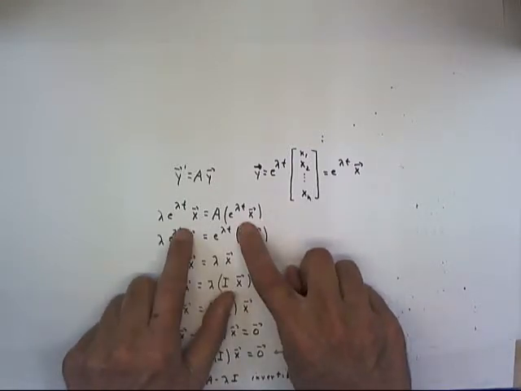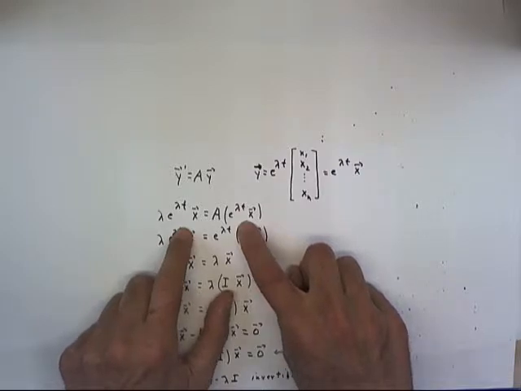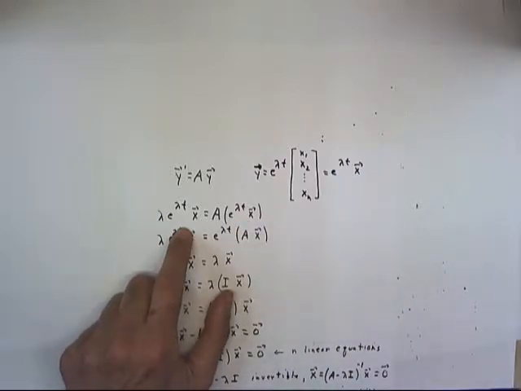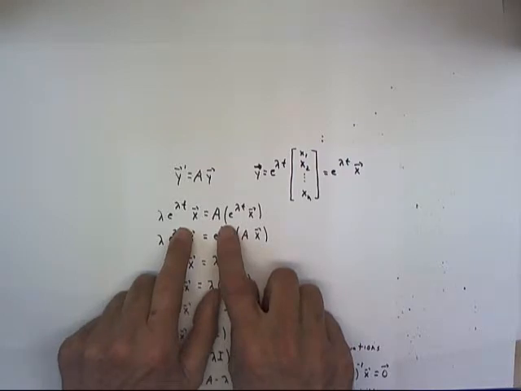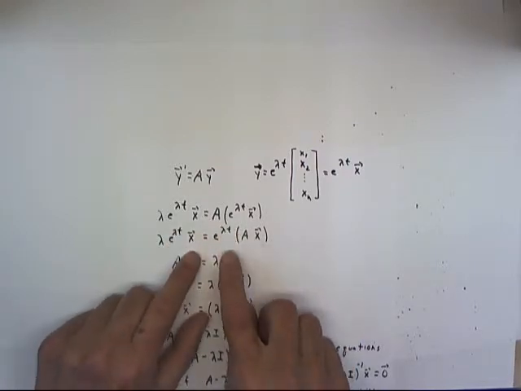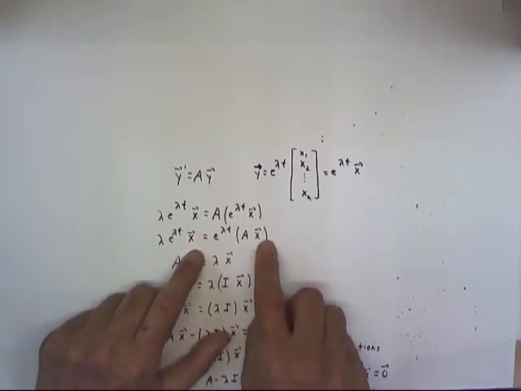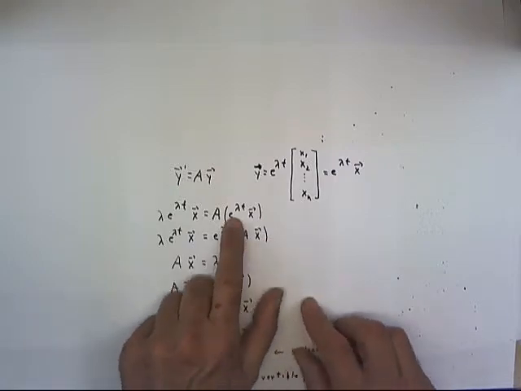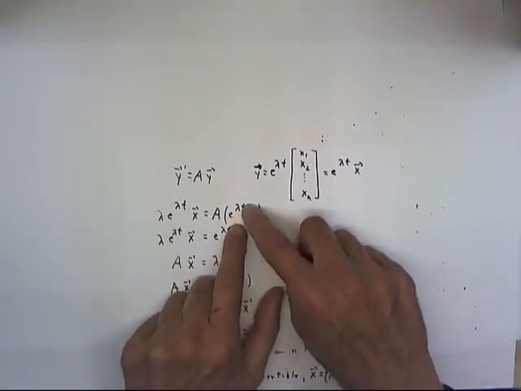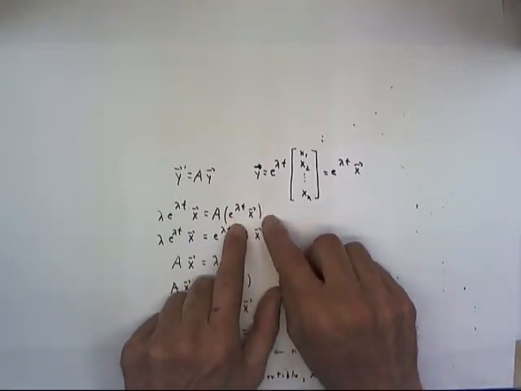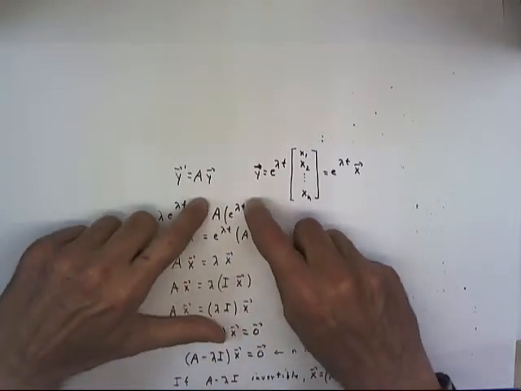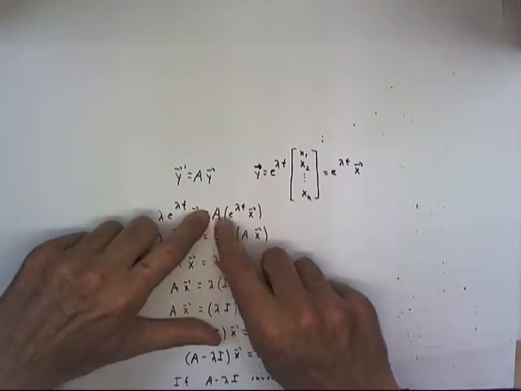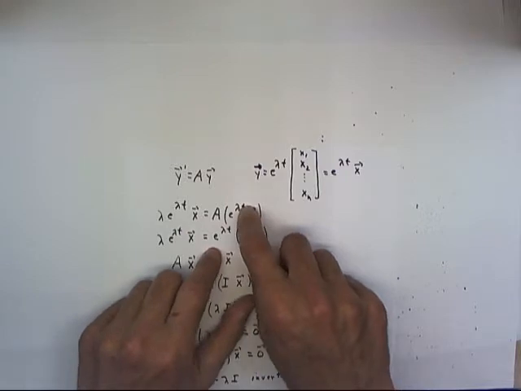Now we can manipulate this equation very easily using properties of matrix multiplication that we've mentioned, and that, as mentioned, you need to review. First thing we do is we can factor out this constant. E to the lambda t is just a constant. Formally, we have an associative law that allows us to multiply A by the e to the lambda t.